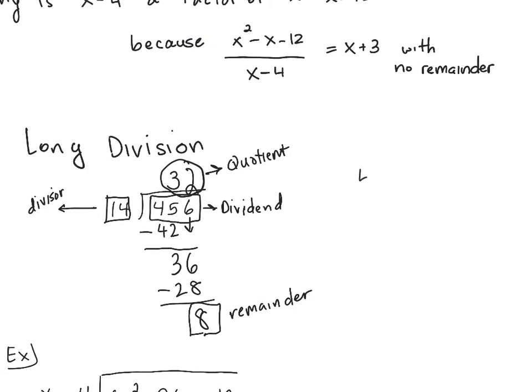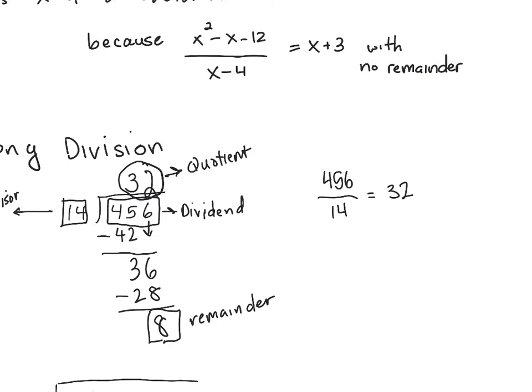So when we have 456 divided by 14, the result was 32. Depending on the level of mathematical understanding, when we learned division in early elementary, for example, we said it was 32 with a remainder of 8.